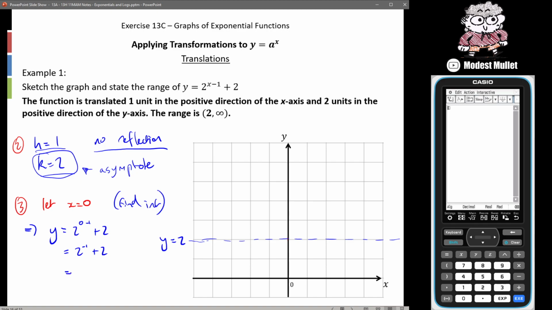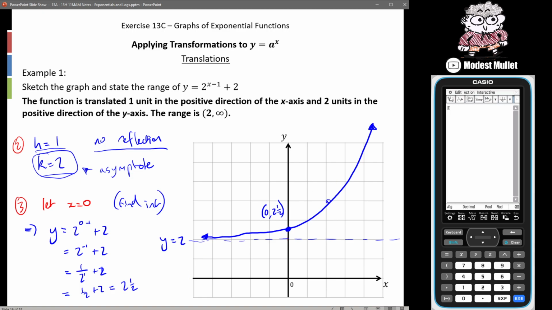Now 2 to the negative 1, we know from the index law we can change that to 1 over 2 to the power of 1. Plus 2 is equal to half plus 2, which is equal to 2.5. So we found our intercept right there, which is (0, 2.5). And now we can just draw that in like that. And that is our function.